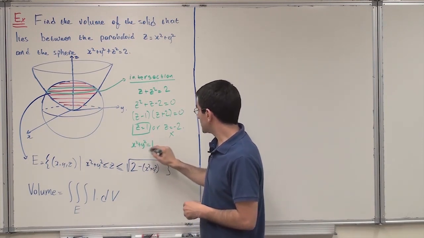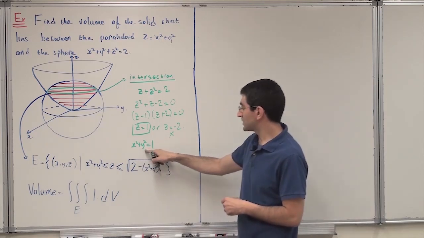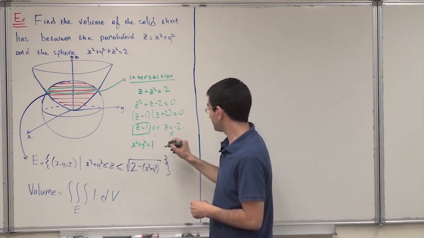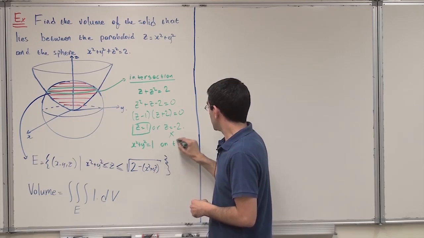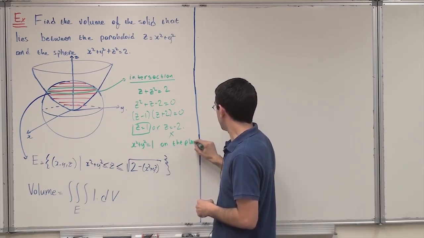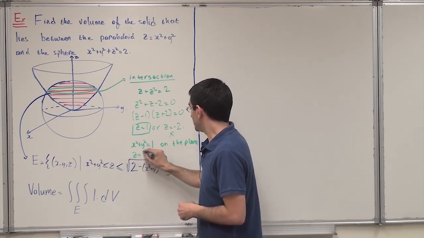So, the intersection is the circle x squared plus y squared equals 1 on the plane z equals 1.